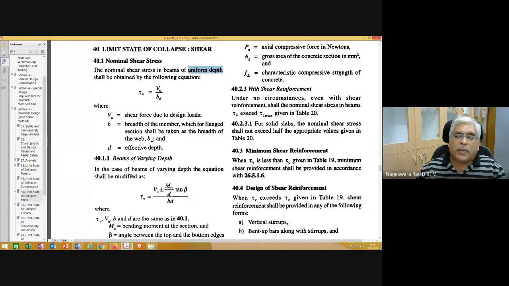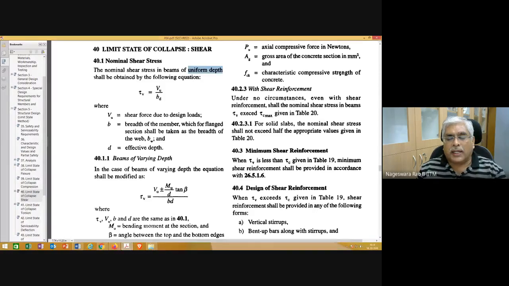So once you know the bending moment at any section, and the section modulus depends on the cross-sectional dimensions, you can estimate the bending stress. That is the bending stress due to the applied loading.